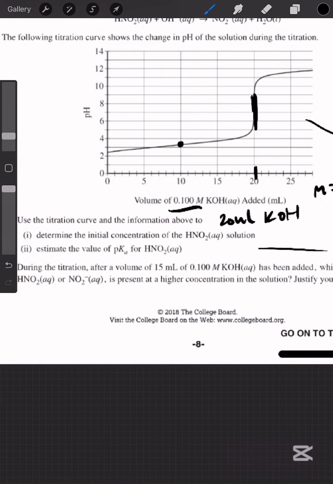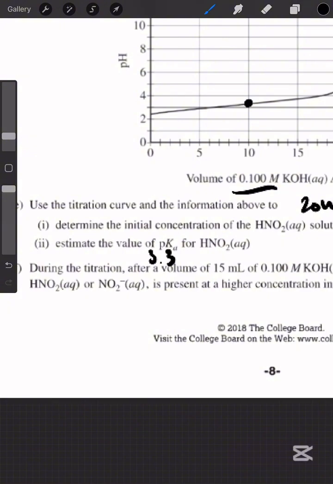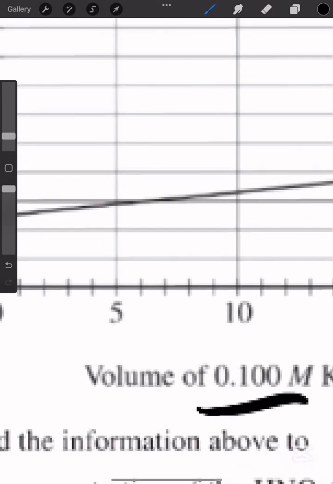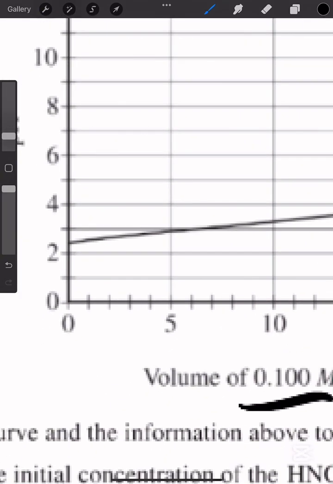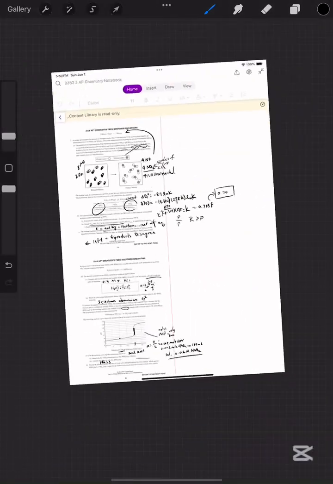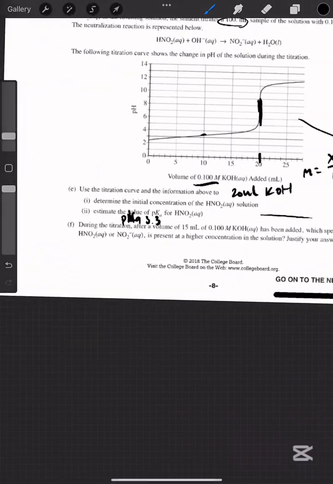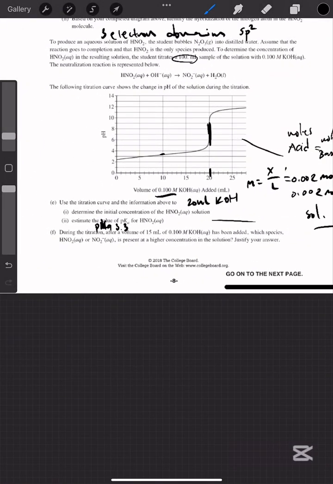My eyesight is kind of bad, but that looks like about 3.3-ish maybe. So that's what I'm going to write, 3.3. pK, yeah, close enough, honestly. Probably take between 3.2 and 3.5. I don't know.